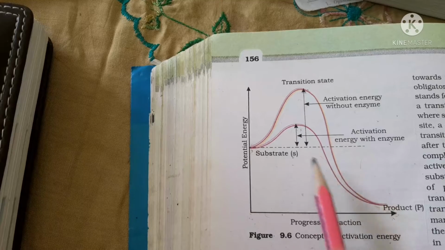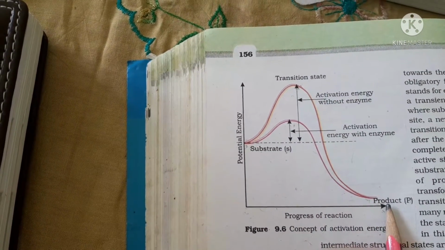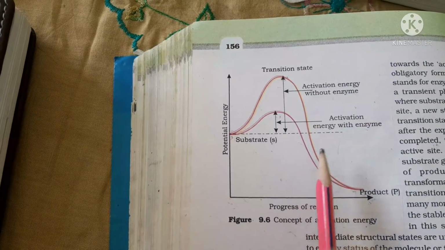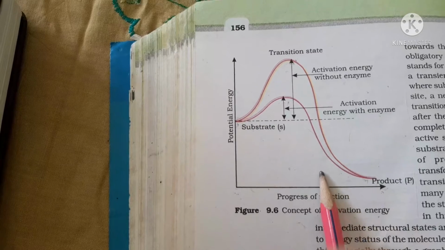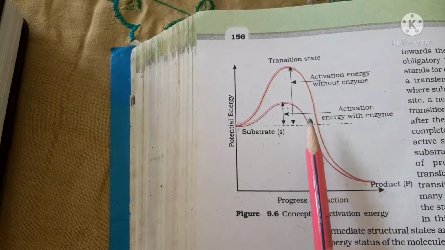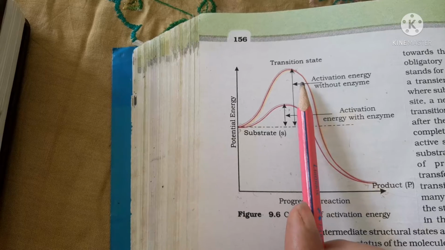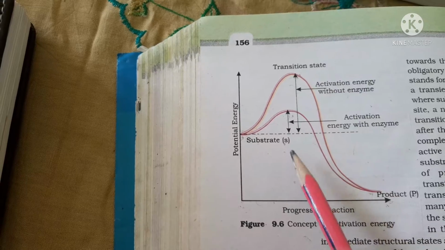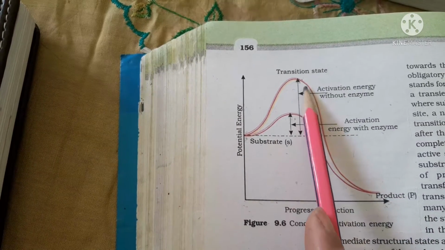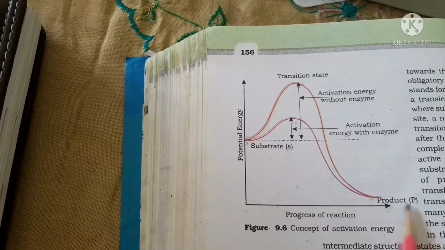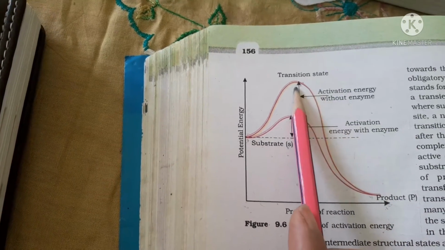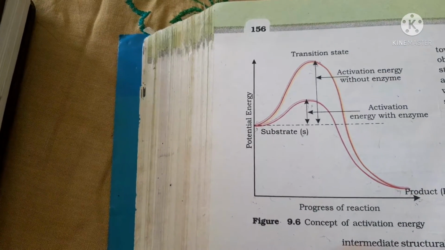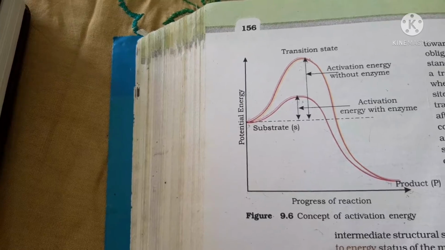So this graph also tells us about the activity of the enzyme, right? This is the transition state, at which the enzyme binds with the substrate in order to transform into product. So it must undergo this transition state to be transformed into a product. Okay, so this is about the enzyme action.